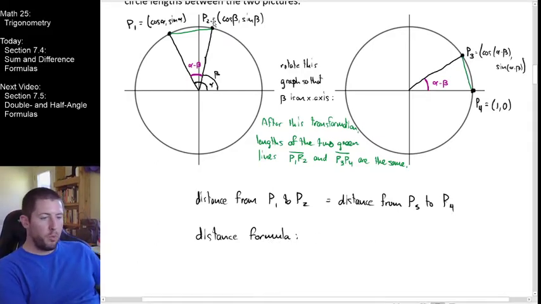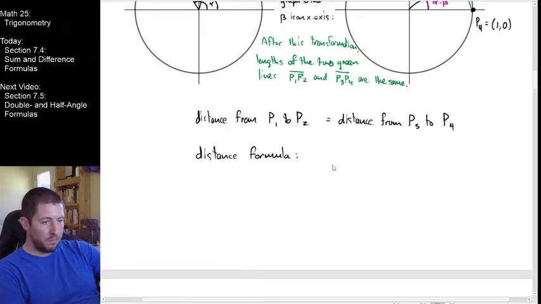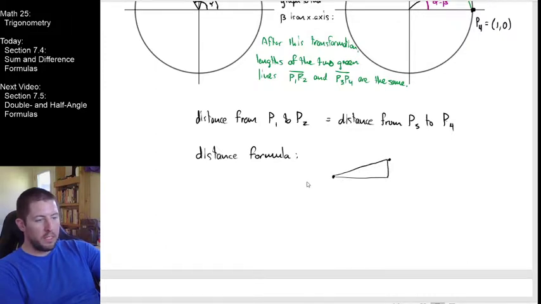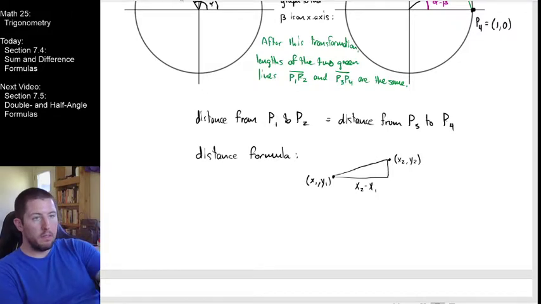Now, the distance between any 2 points we can find with the distance formula. And notice this is actually just based on the Pythagorean theorem. If we want to know the distance between any 2 points in space, x1, y1 and x2, y2, then we can recognize that the x distance that's been traversed right here is x2 minus x1.